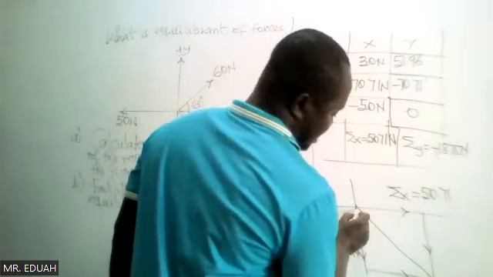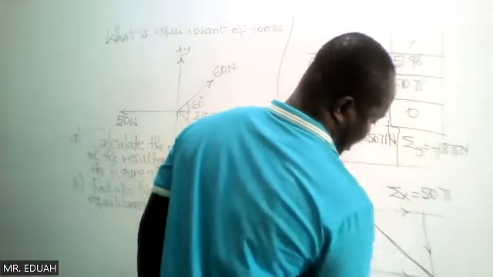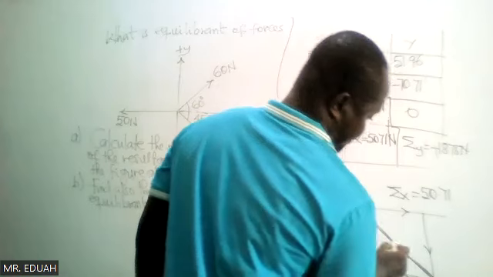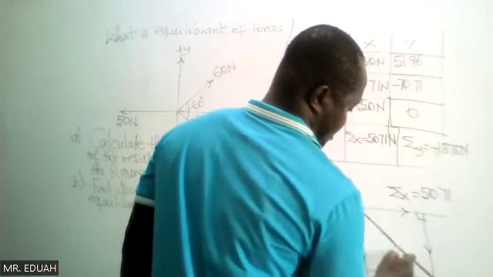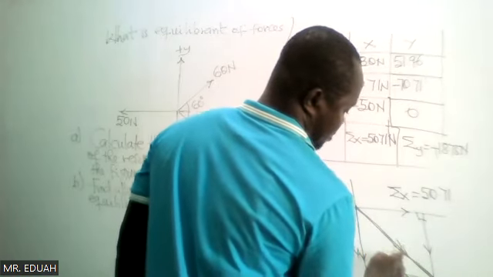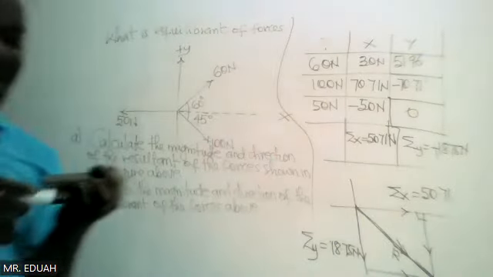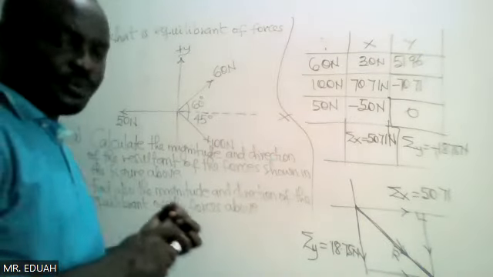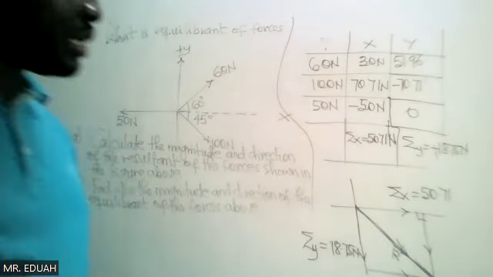So it will be along the diagonal, okay? But this will be R. So help me find the value of R. Help me find the resultant.